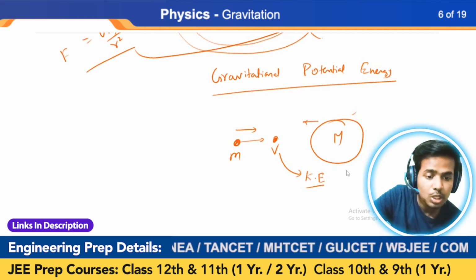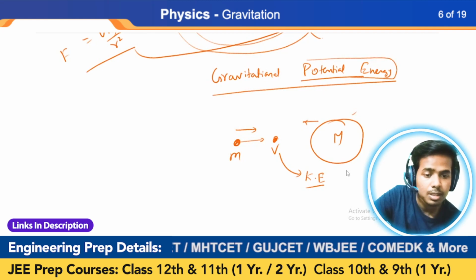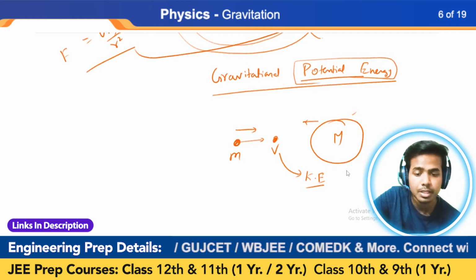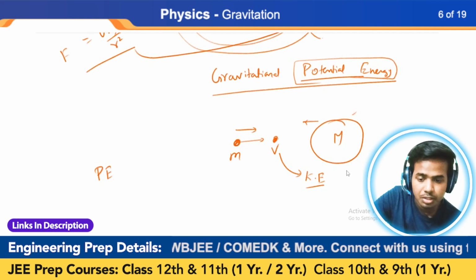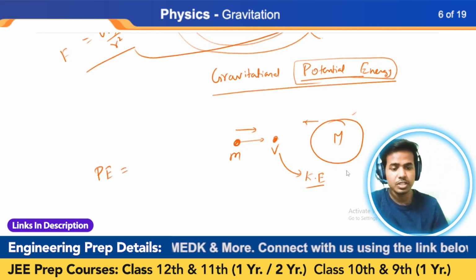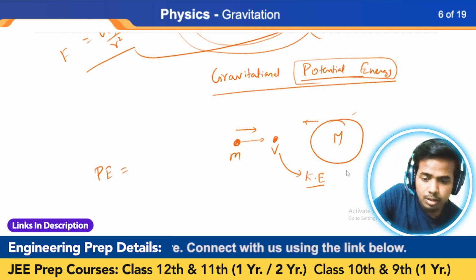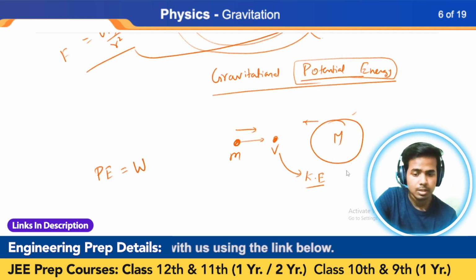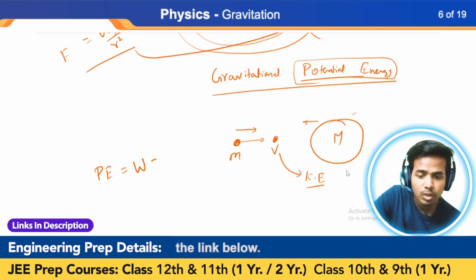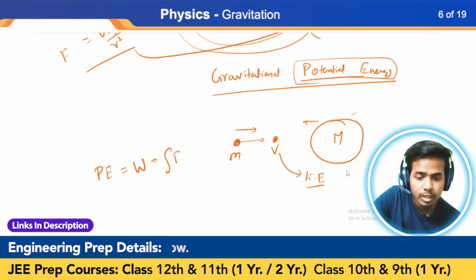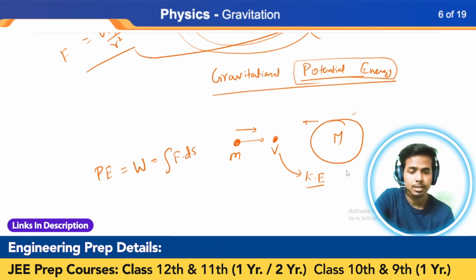This sort of potential of the body to generate mechanical energy is called potential energy, which is actually equal to the work done by the system, right? And what is the work done on any body? F dot ds, right?